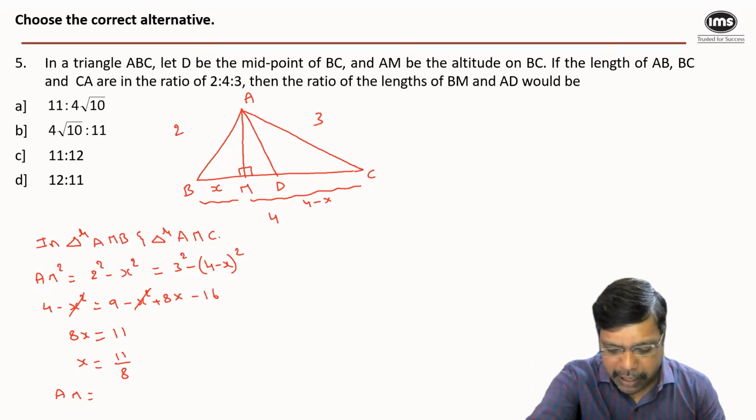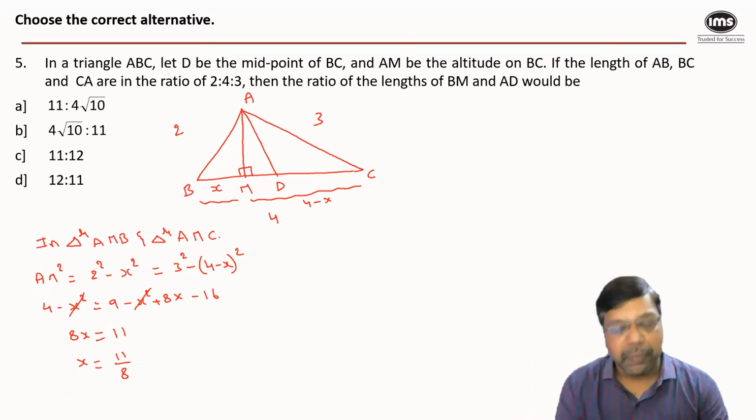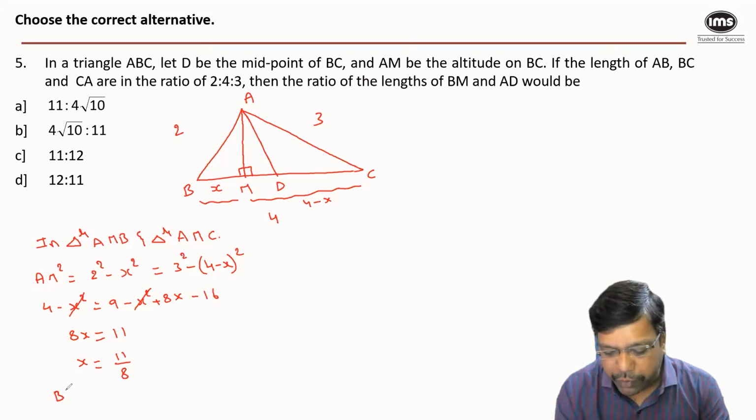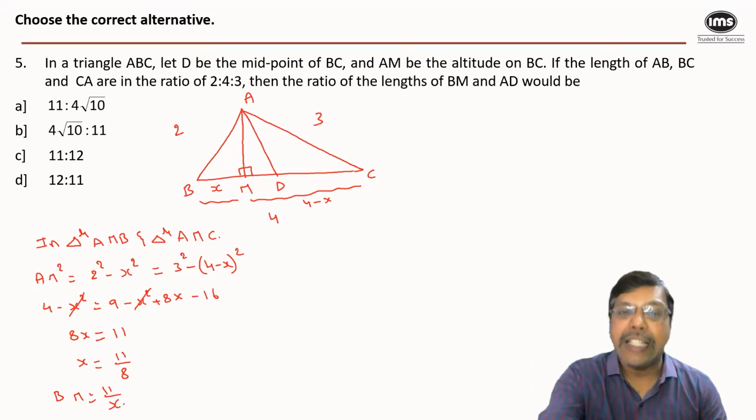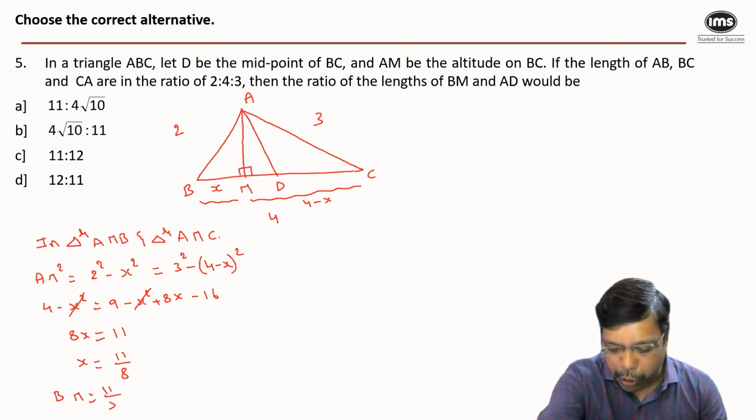So let me calculate the value of AD. Now AD is the median. Do we know of any property that talks about the length of the median? Yes, popularly called the Apollonius theorem. So what does Apollonius theorem say?